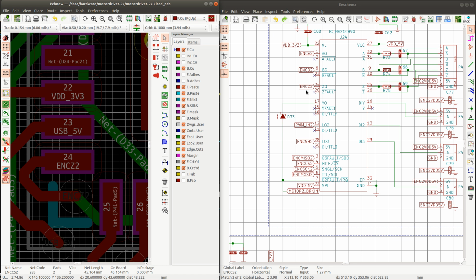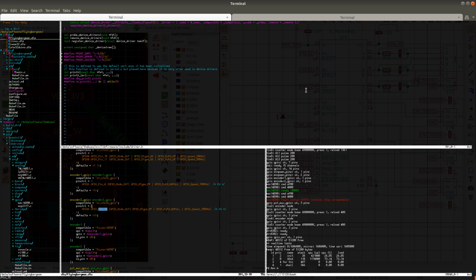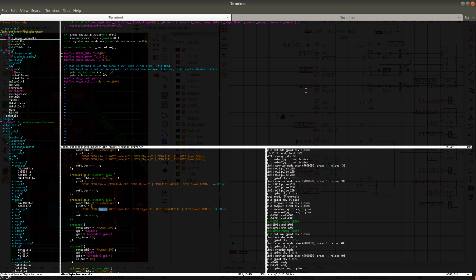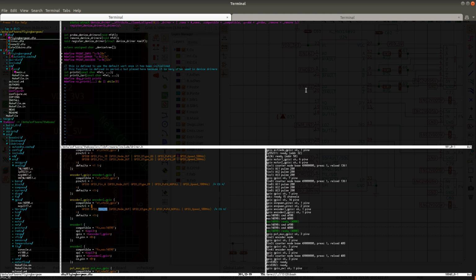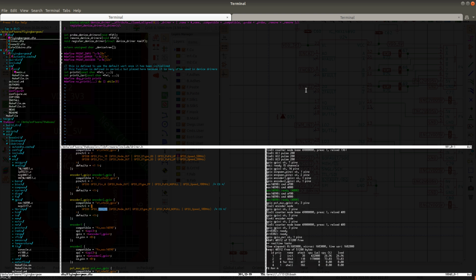Let's see here. I'll pull up the... Oh, look at that. So it was the SPI pin. When I'm holding my scope there, I get a connection, so it's actually communicating over SPI. So that was it. I found the problem, so I just need to solder this a little bit better.